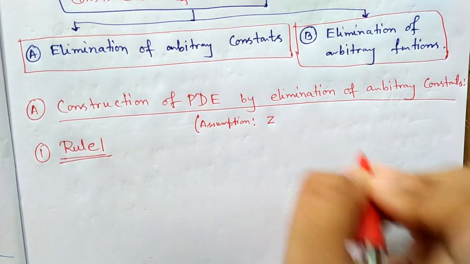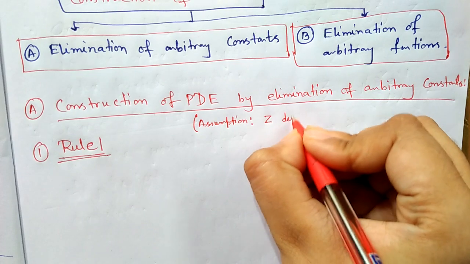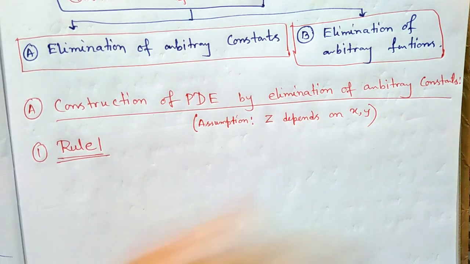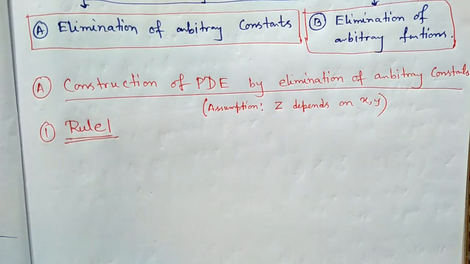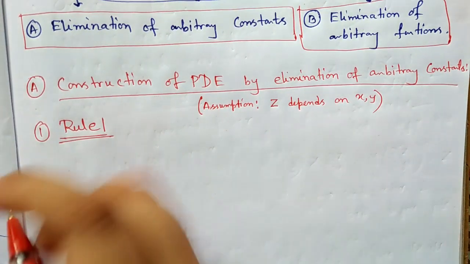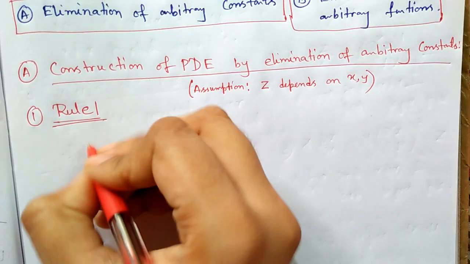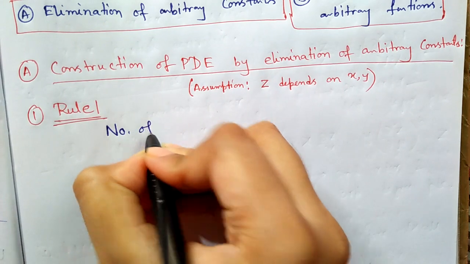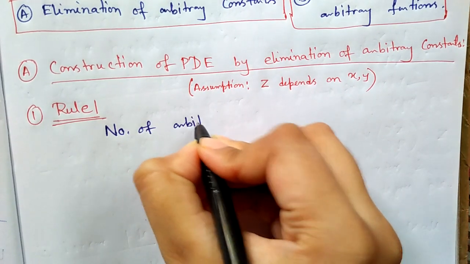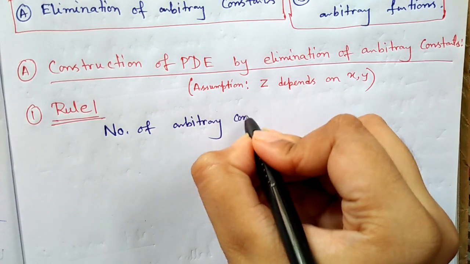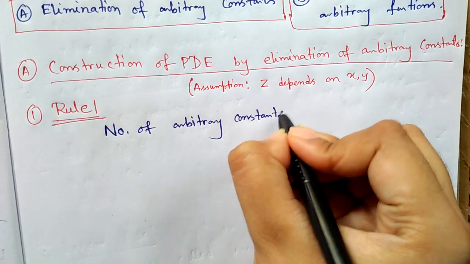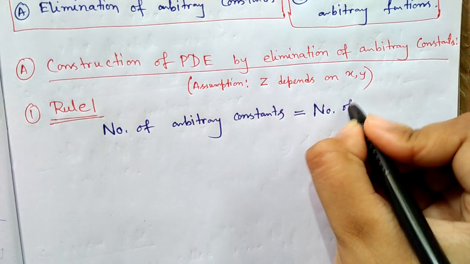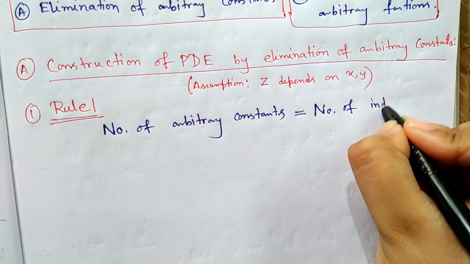Throughout our study, we assume that z is the dependent variable and z depends on x and y. This is our assumption, not fixed, just an assumption. Okay, so rule 1 is: the number of arbitrary constants in a PDE is equal to the number of independent variables.